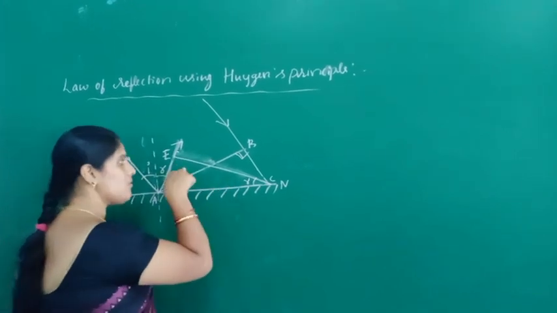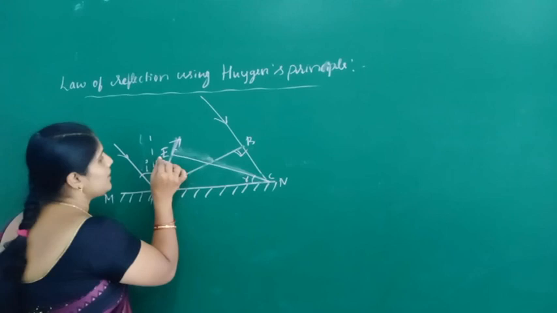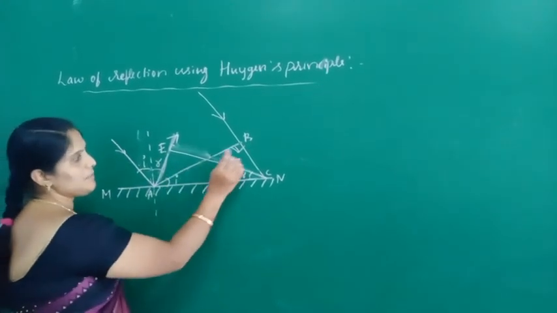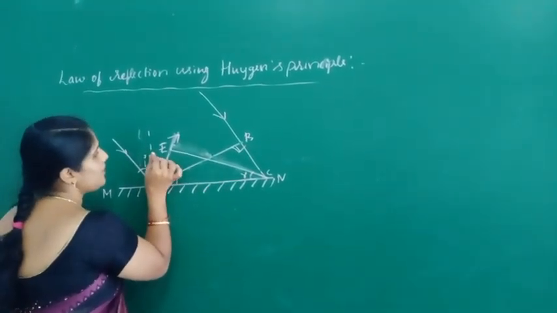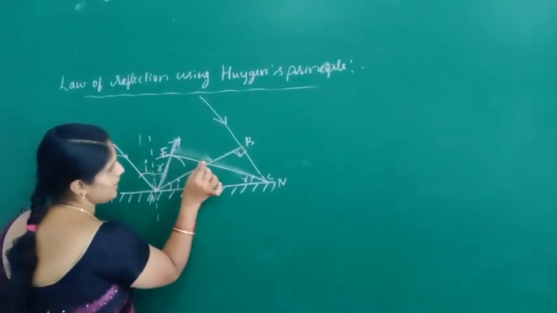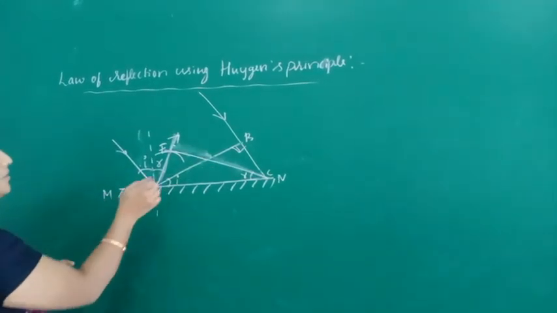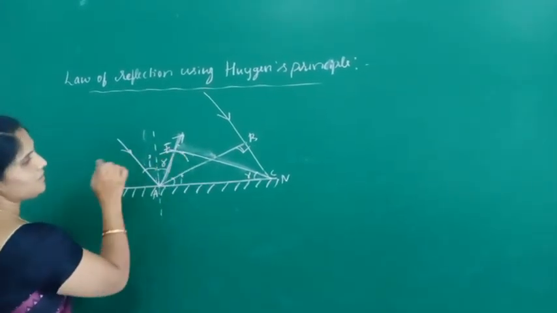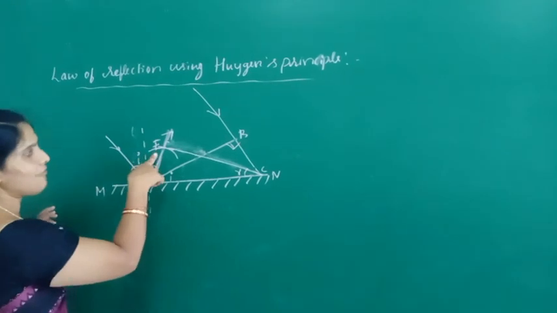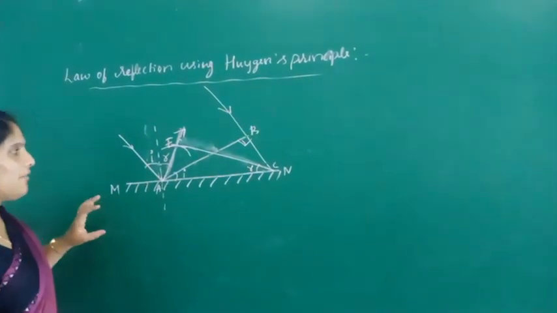That wavefront is known as the reflected wavefront. It is not necessary to draw all these spherical wavefronts, we just draw an arc. So this is the tangent line. This is the reflected wavefront. Here i is the angle of incidence, r is the angle of reflection.